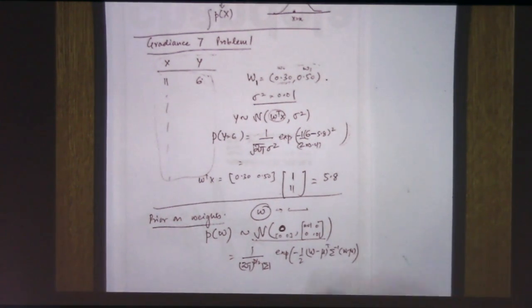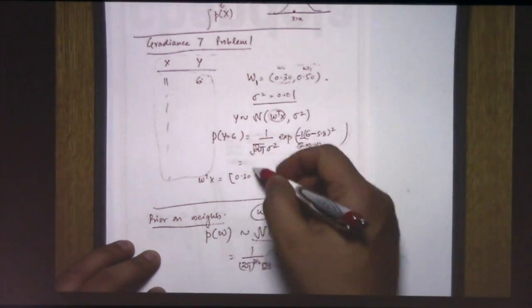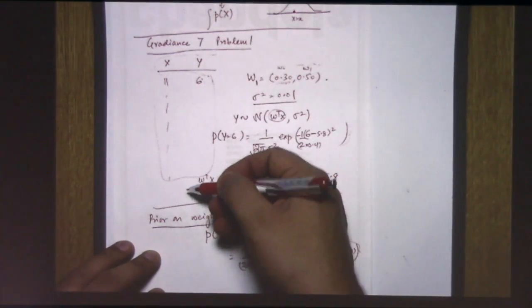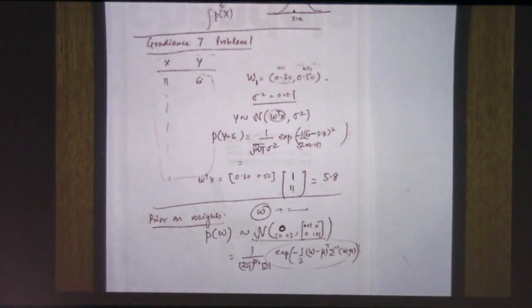This will be the prior, because you're assuming that your weight vector has some prior probability. You multiply it with the total likelihood that you computed, and that gives you the posterior, and then you use the one that has the highest posterior. Any questions for that? Yes.